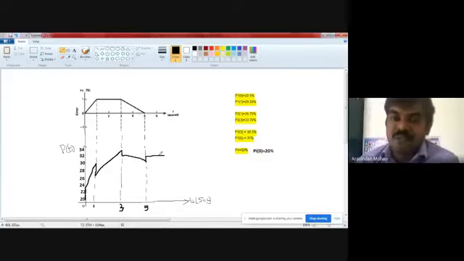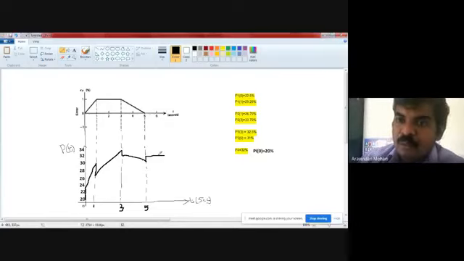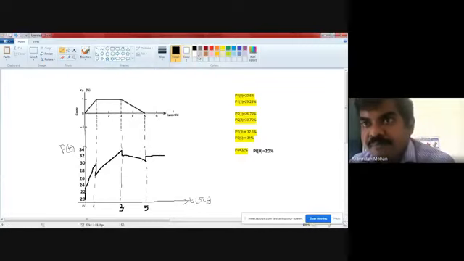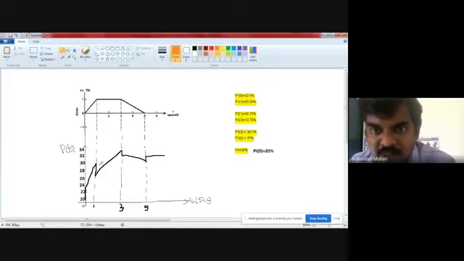Okay, so this is how actually you have to draw the controller output. Okay, so here all these sudden jumps, these are all actually due to the action of your derivative controller. So this is the action of derivative controller, this is the action of your derivative controller, this is the action of your derivative, this is the action of derivative.